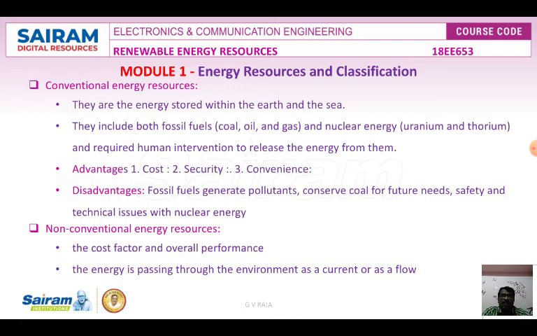Non-conventional energy resources are non-traditional energy resources. These resources require some costly method to be converted into mechanical energy. They are non-depletable, that is, inexhaustible. They are always abundant and replaceable. We can reuse them.